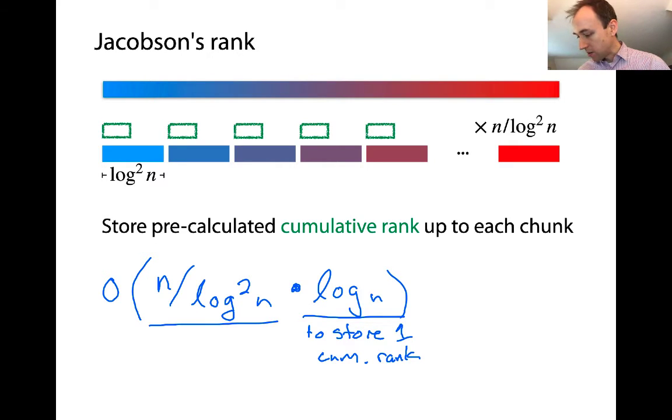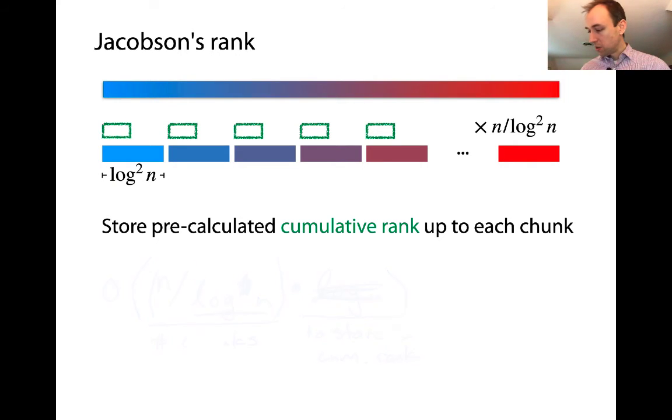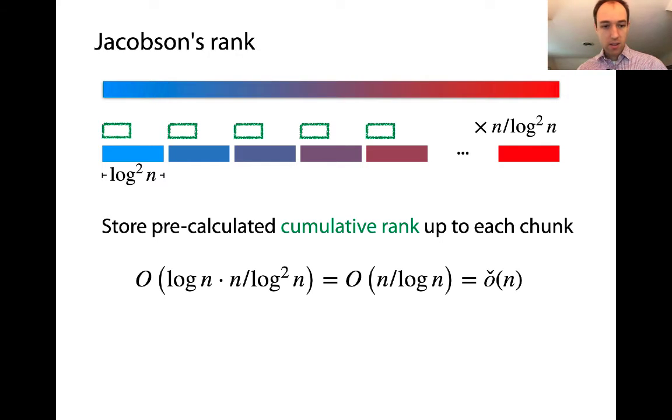The important thing is, once we put it in the big O like this, this log squared n is in the denominator. So this square will cancel with this log n, and we will end up with big O of n over log n. So this is something that grows slower than n, right? It grows sublinearly with n. In other words, it is little o of n.